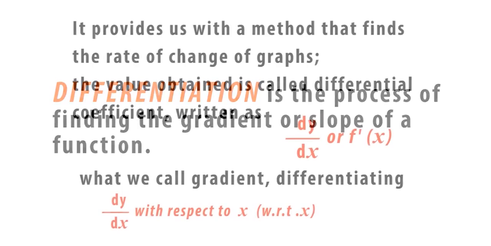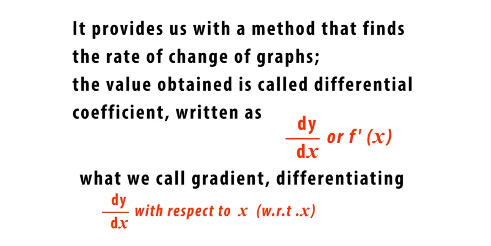It provides us with the method that finds the rate of change of graphs. The value obtained is called the differential coefficient, and that is written as dy/dx, or f prime of x. That is what we call the gradient.